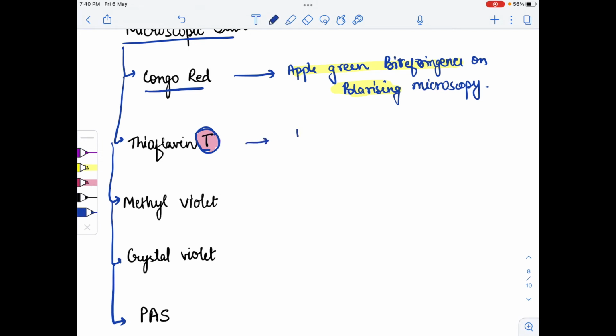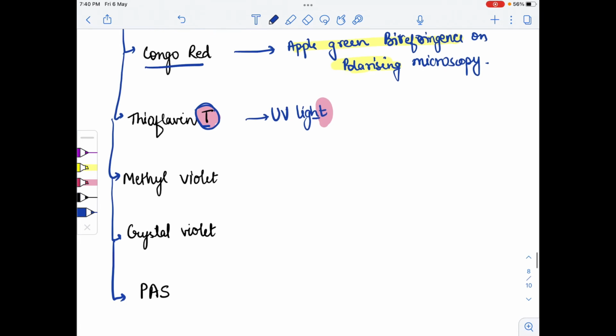As in the light also the letter T is coming. So please remember it is ultraviolet light. Under the ultraviolet light we use the stain thioflavin T. Now another one, that is methyl violet, or we can say crystal violet. It is seen as a metachromatic stain.